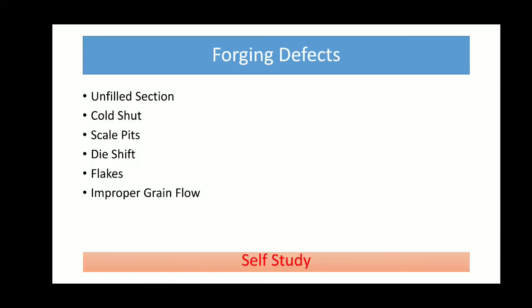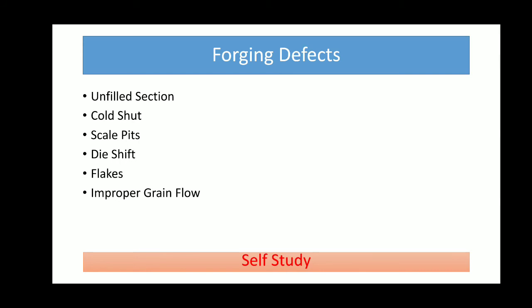Just like any other type of process, forging also may have some defects, known as forging defects, just like in casting we have seen some defects. Here also there are defects like unfilled section, where there will not be filling of some die cavity. Similarly we can have cold shut, pitting, scaling.